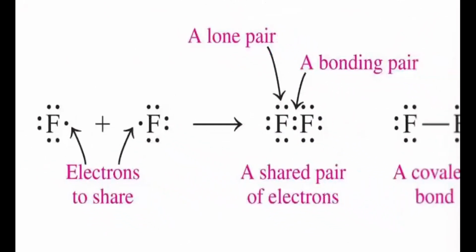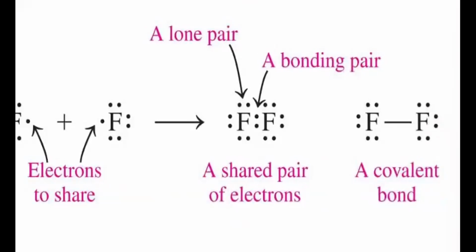And as you can see, the two electrons that are being shared, let me use my highlighter tool, are here. That is what is known as a bonding pair of electrons, because they are shared electrons between two nonmetals. Any electron that is not shared, that is known as a lone pair.